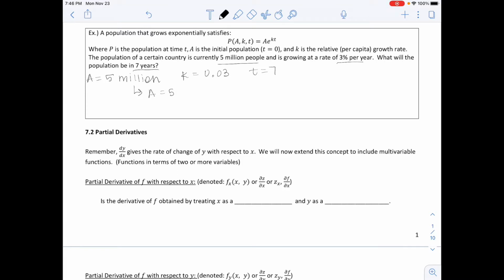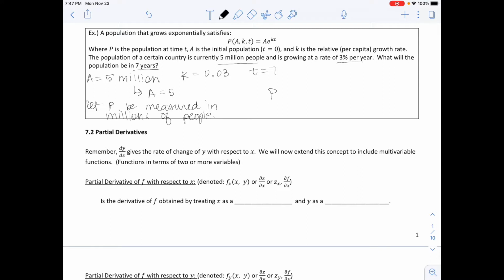That way I don't have to keep worrying about zeros or rewriting the word million. I'm going to let our population P be measured in millions of people. And again, you don't have to do this. You can just leave it as 5,000,000. Definitely that is another way to write your answer and still be okay.